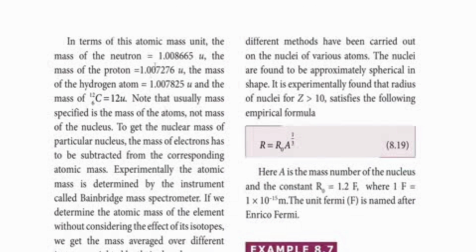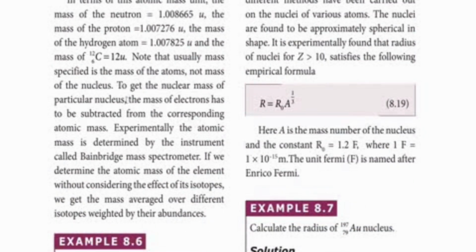So knowing the mass of the electron, proton, and neutron, you calculate that carbon 12 equals 12 units. Using the Bainbridge mass spectrometer, it is measured that the radioactive carbon and other elements have nearly the same mass, the average of the isotopes.